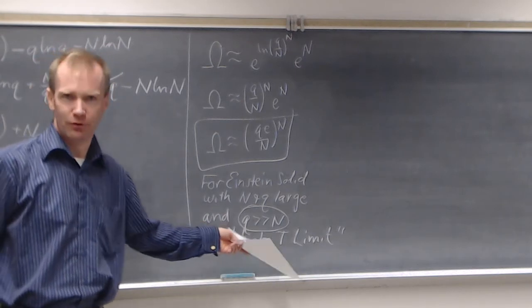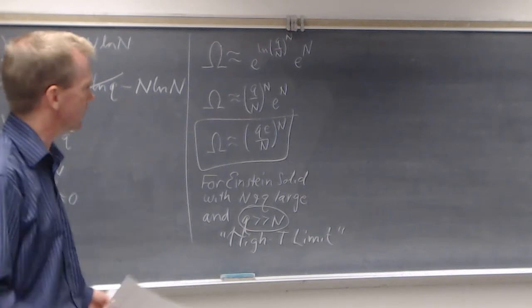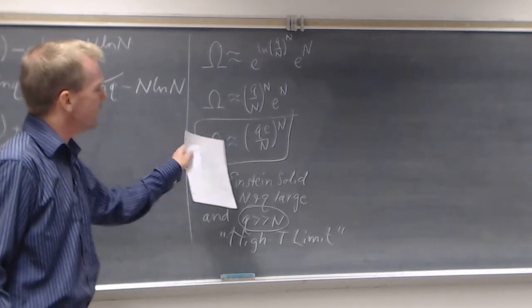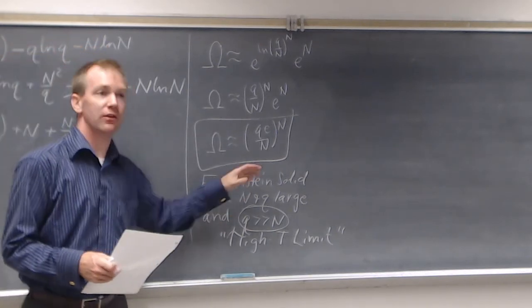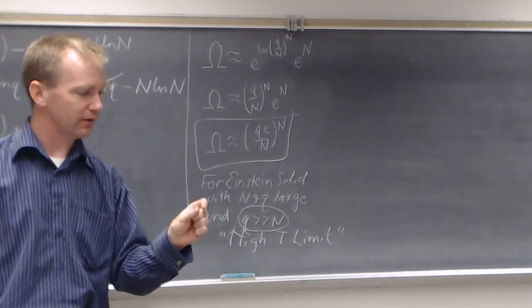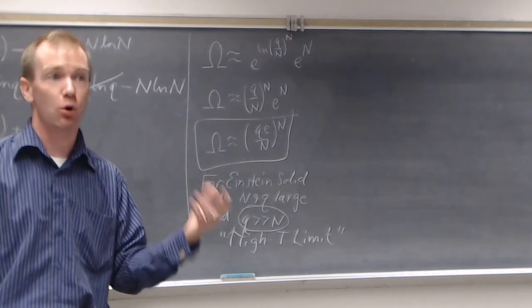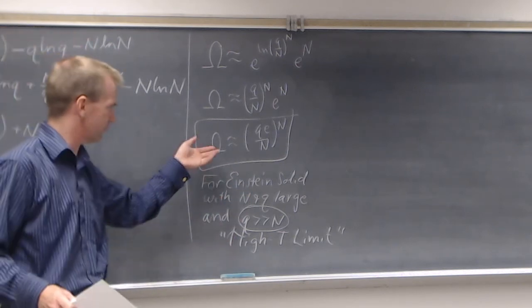This will be called, as we'll understand later, the high temperature limit, because this happens when it gets to high temperatures. It may seem like I'm putting a lot of conditions on that, but any solid we come across in everyday life is a large Einstein solid. It's got maybe some fraction of a mole of particles, so therefore certainly of oscillators.